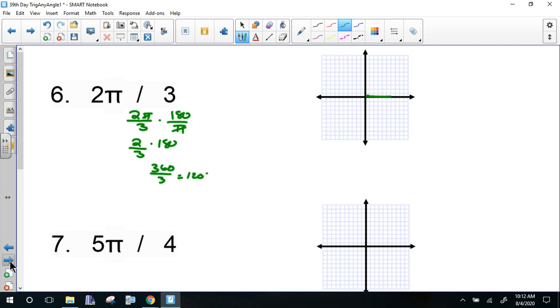So if I draw a 120-degree angle, two pi over 3. This is pi out here. How close am I to the nearest x-axis? Well, I need to go to pi. What's pi minus 2 pi over 3? Well, that's pi over 3. The reference angle is pi over 3.